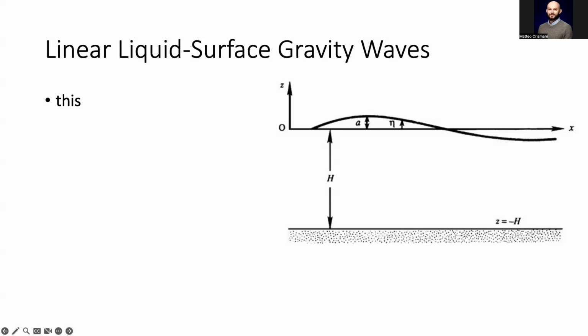So that's a long-winded way to say that the top and the bottom right are essentially the same for small perturbations. Okay. So for small slopes, these two are equivalent.